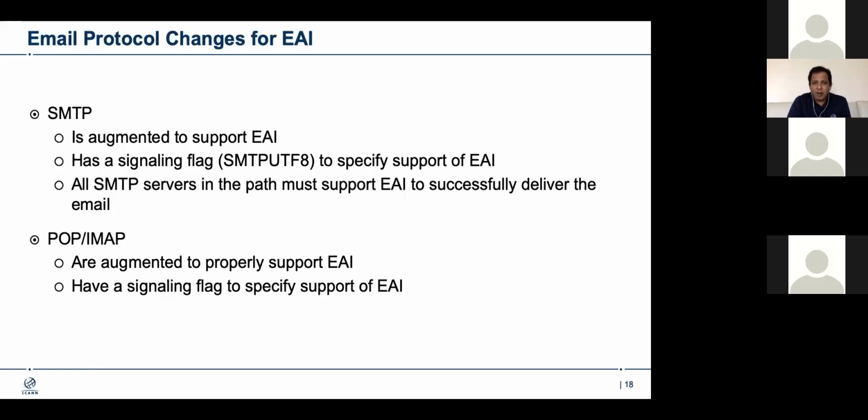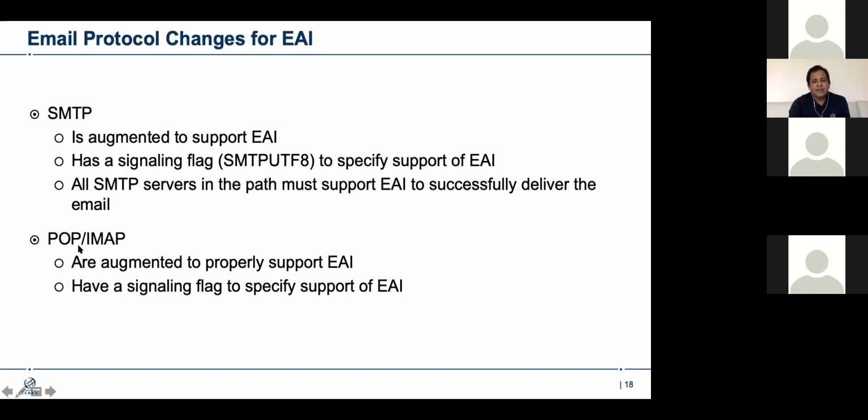So depending on the priorities, sometimes the mail delivery path could go through different mail servers as well. This is why it is important that all those SMTP servers in the path support EAI, because if any of the SMTP servers do not support EAI, then we will not be able to deliver the email, right?